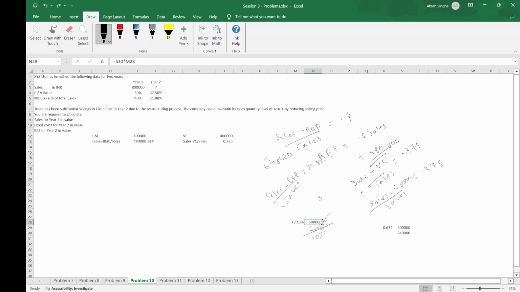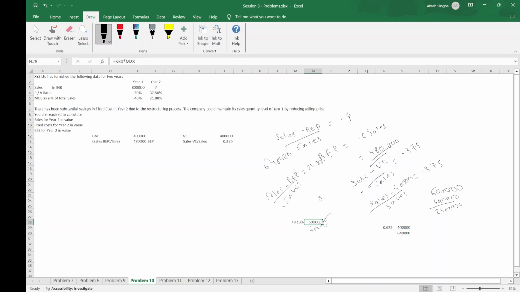No, sorry, my bad. If we are selling 6 lakh 40,000, we are contributing 4 lakh variable cost. So the contribution margin is 2 lakh 40,000.